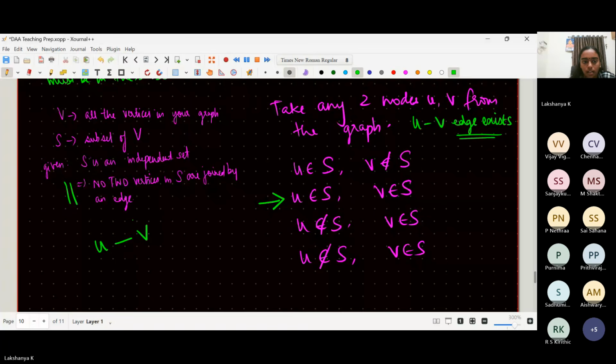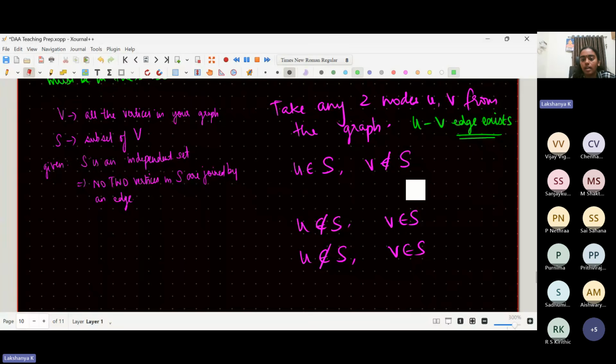No, right? Does everyone understand why it's not possible? The condition says if both of them belong to S, they should not be joined by an edge, and my choice of u, v is such that they are joined. So both cannot belong. So we have only these three cases to deal with.